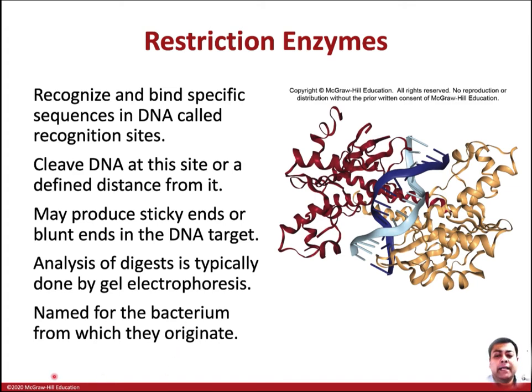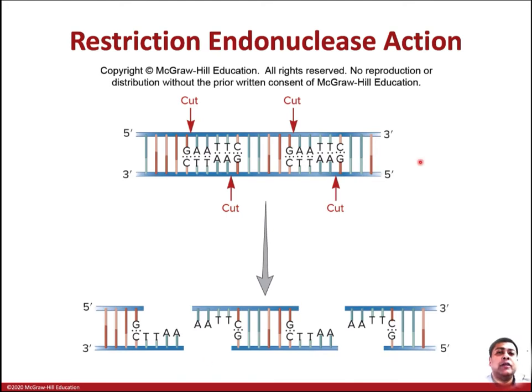So let's take a look at a restriction endonuclease in action. This restriction enzyme is known as EcoR1. It is isolated from E. coli, and that's why it's called Eco restriction enzyme 1, maybe because it was the first restriction enzyme discovered. Here I have a 5' to 3' DNA strand and a 3' to 5' complementary strand. And here we have a sequence, which is GAATTC.